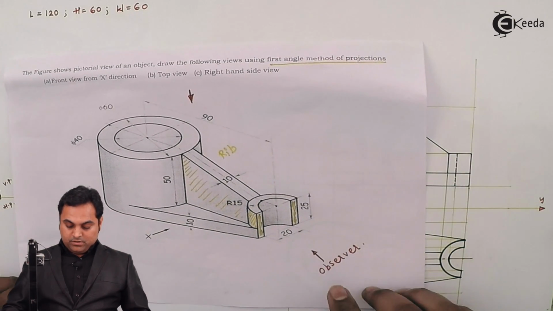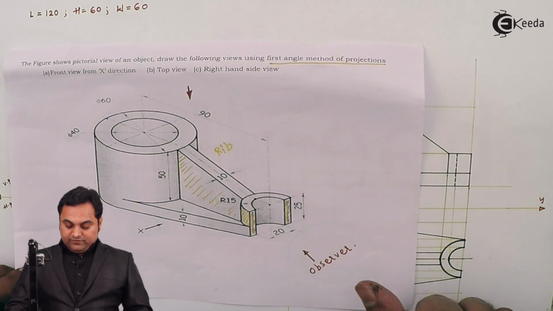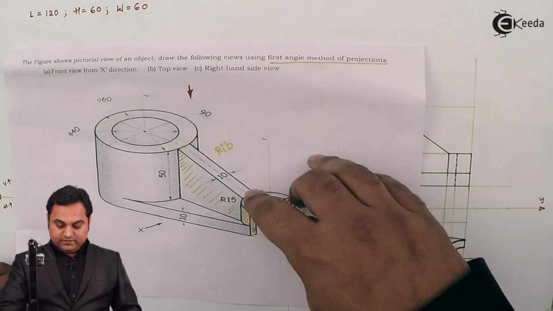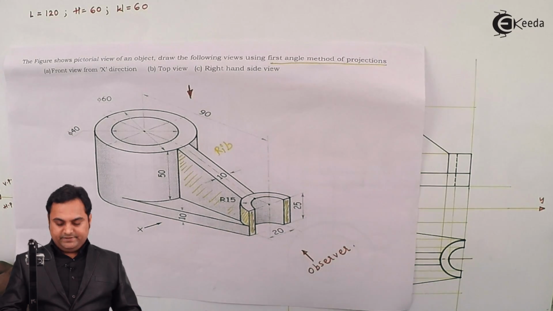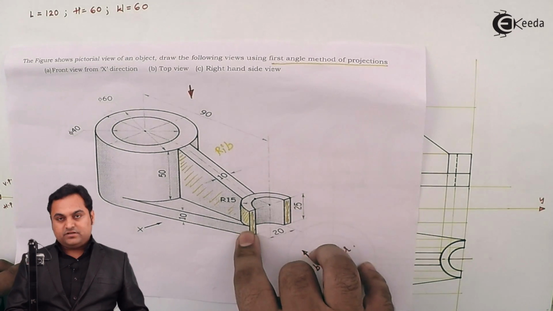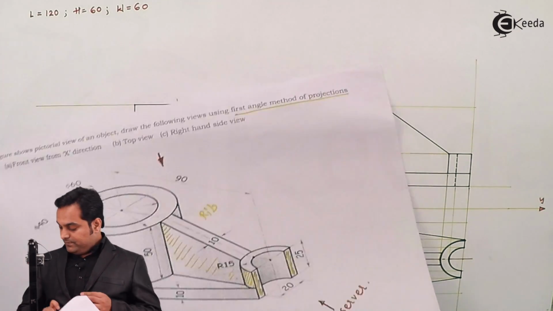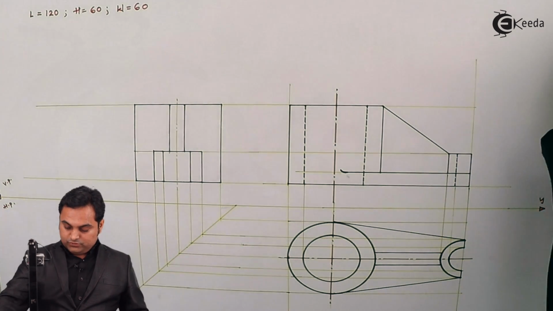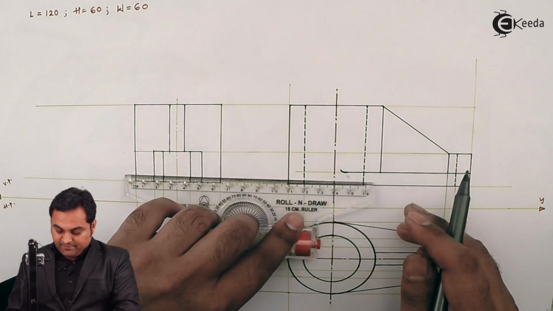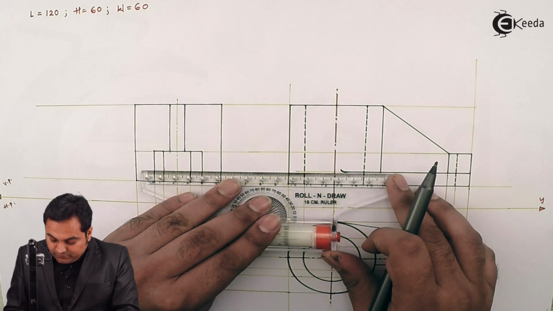Then, as an observer from the right hand side, after the rib, these two blocks of 10 mm height are also connecting the semicircular part, so they will be visible. That block of height 10 mm will be projected from the front view.